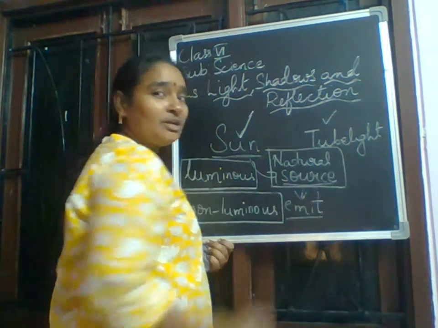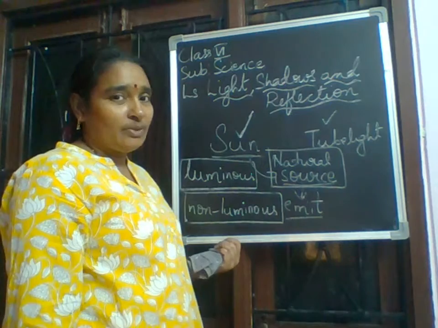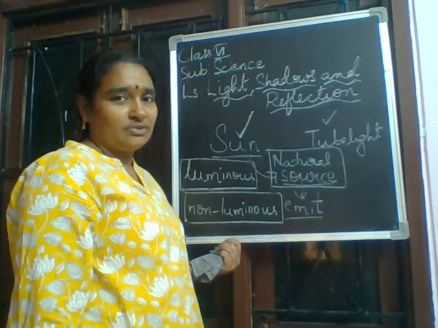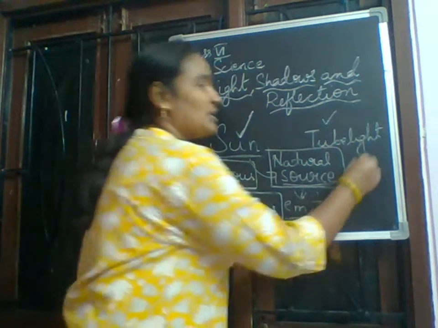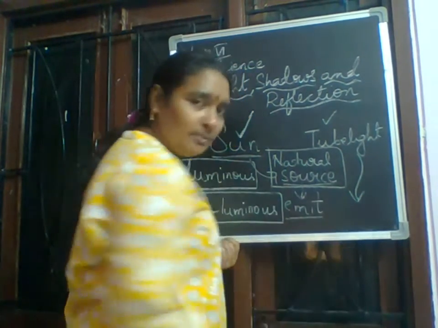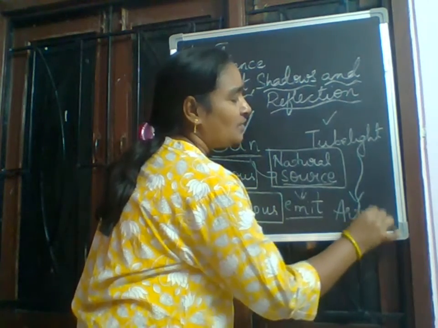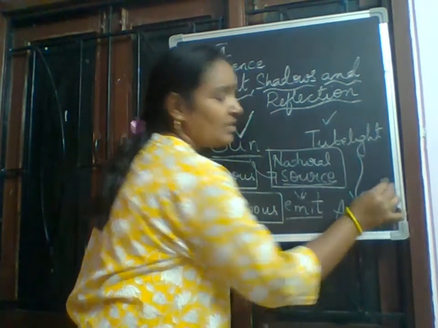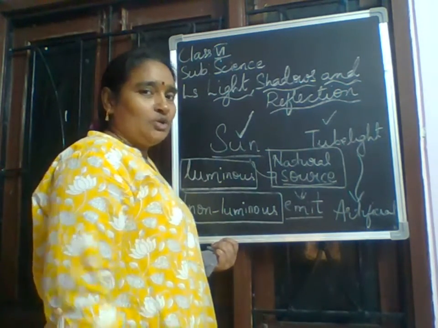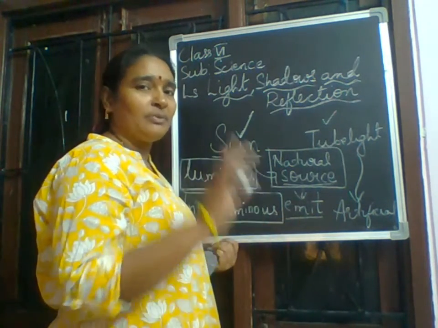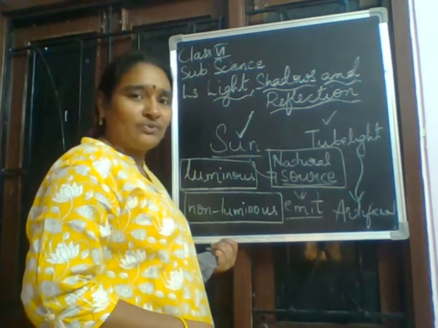But tube light was invented by humans, so how can it be natural? It is made by us. So the objects made by humans are called artificial sources of light. In sources of light, you have to remember two words: natural sources of light and artificial sources of light.